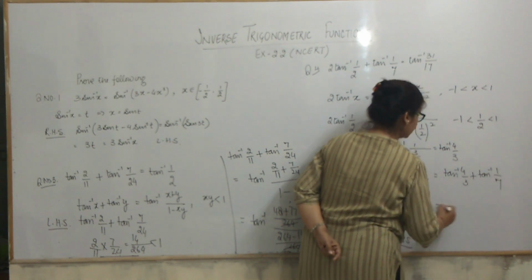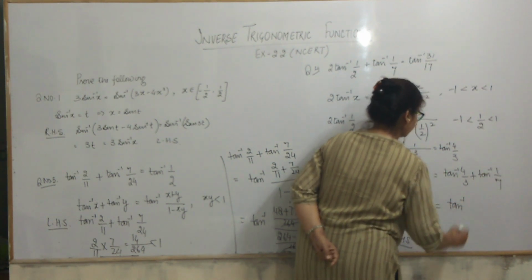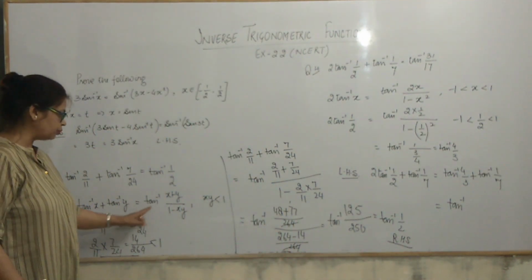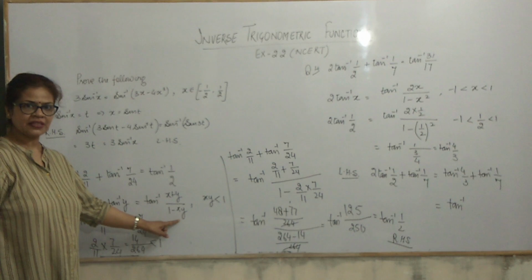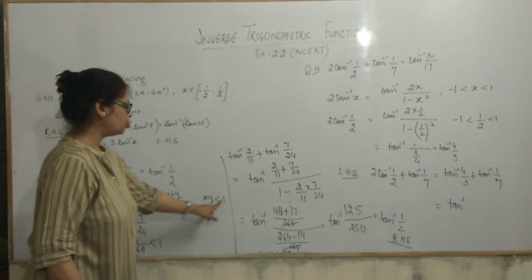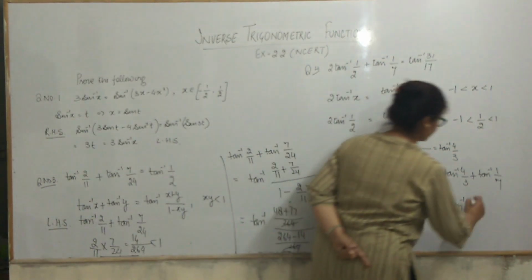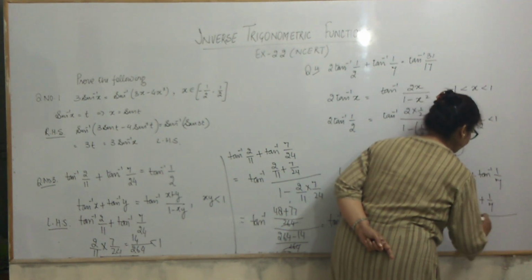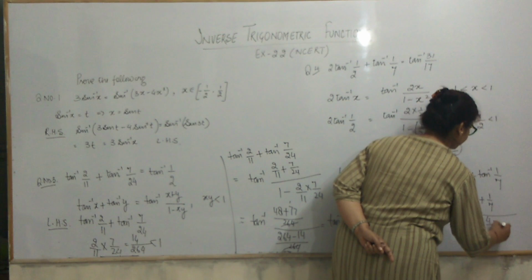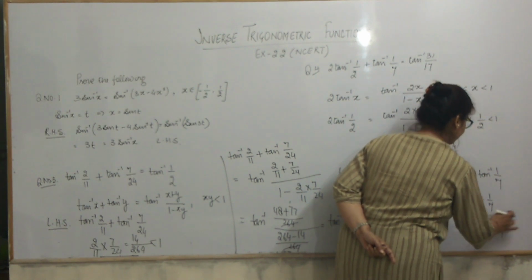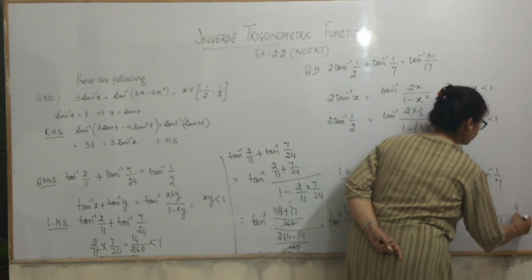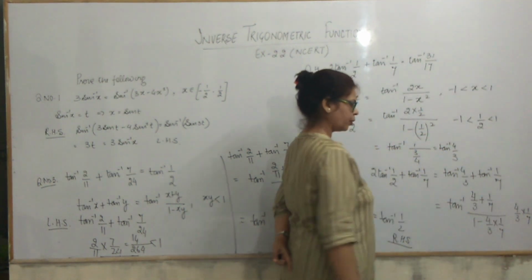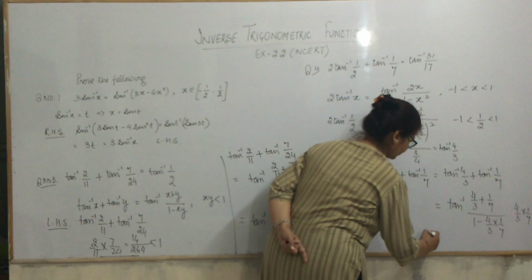Now again to apply the same formula, tan inverse x plus tan inverse y is equal to tan inverse of x plus y upon 1 minus xy, provided xy is less than 1. So 4 upon 3 plus 1 by 7 upon 1 minus 4 upon 3 multiplied by 1 by 7, provided 4 upon 3 multiplied by 1 by 7 is less than 1. Yes, it is 4 upon 21.